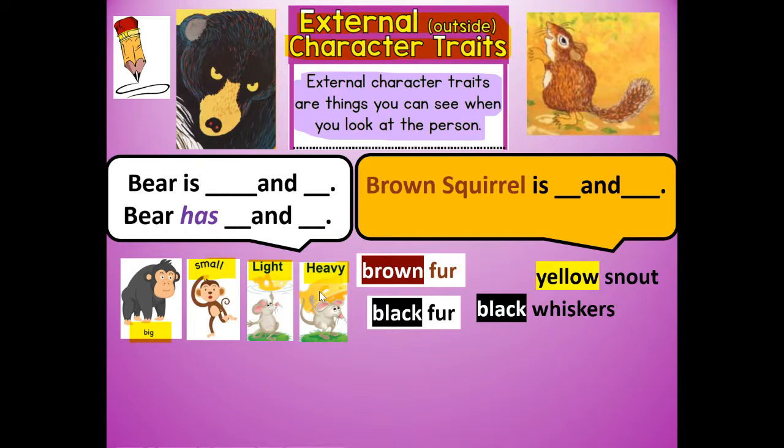Push pause, write bear has black fur and a yellow snout. And when you're finished writing that, push play. So push pause and write your second sentence about bear. And when you're finished, push play.